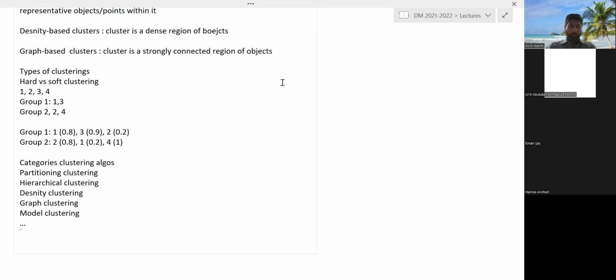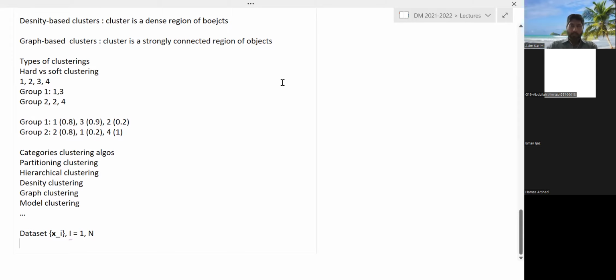So partitioning algorithms, as I said, partition the data set. So what is our data set? Let's say the data set is essentially your X_i, i equal to 1 to n. Okay? So n data objects. The partitioning algorithms would partition this data into some fixed number of clusters or groups.